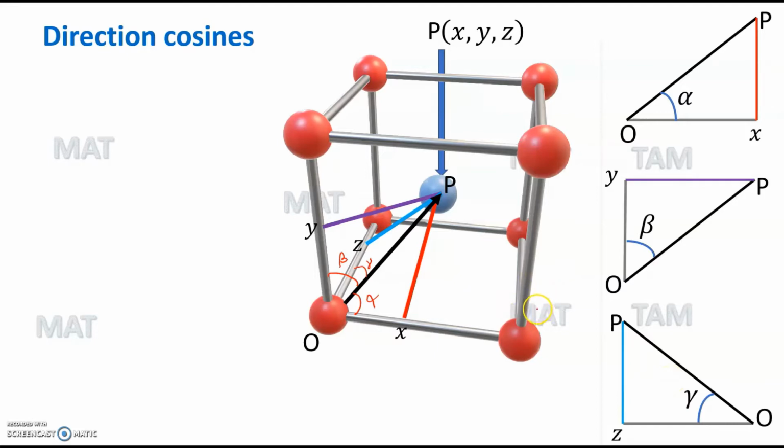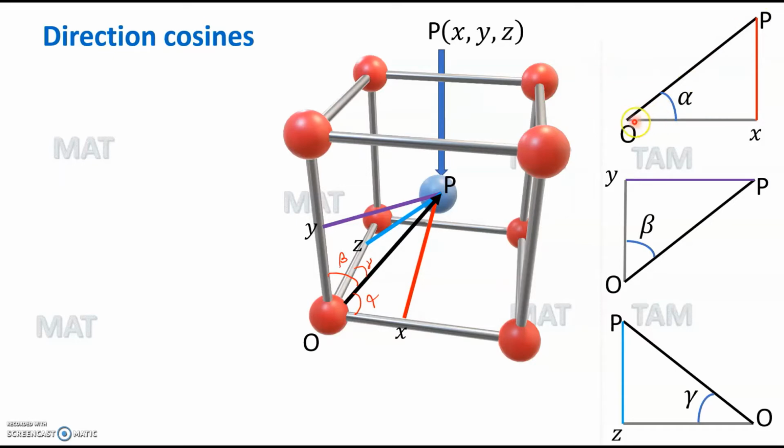To find the direction cosine, let's consider our first triangle, which is O, P and X. Now we know that cos alpha would be the adjacent side by the hypotenuse, which would be this length here, which is x, by this length here. So we need to define this length.